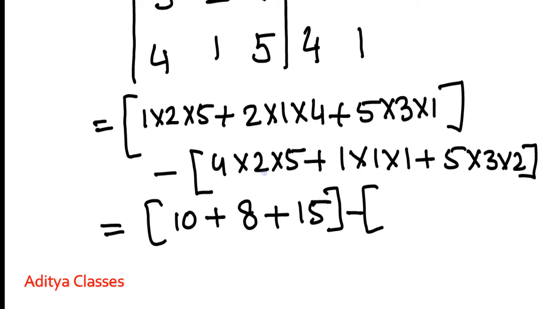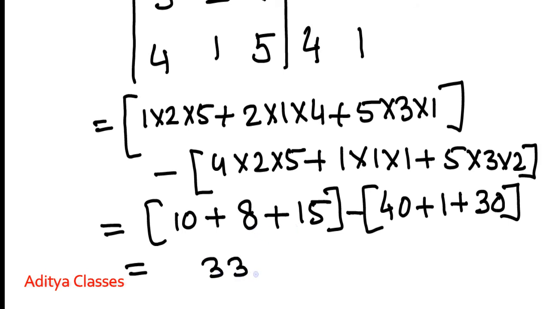Now let us just go ahead and solve it. It is simple mathematics. What do we have? 1 multiplied by 2 multiplied by 5 would give me 10. This would be 4 multiplied by 2, 8. This would be 5 multiplied by 3, 15. Minus, we have 4 2s are 8, 8 5s are 40. Then we have a 1.